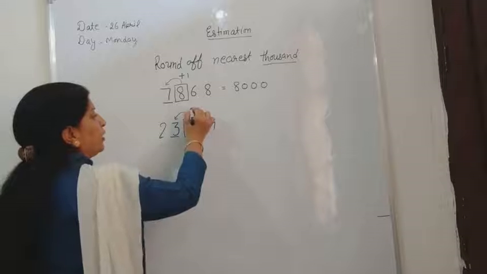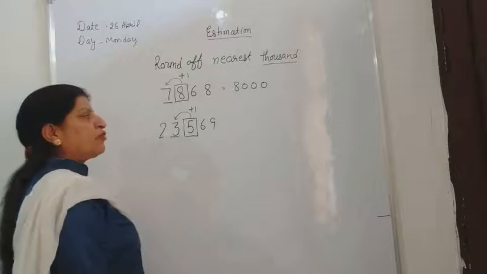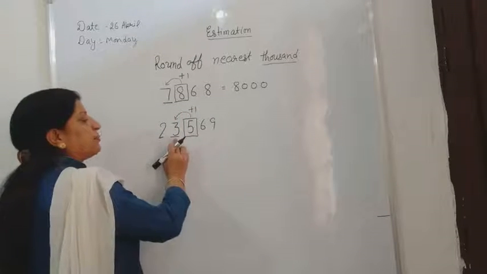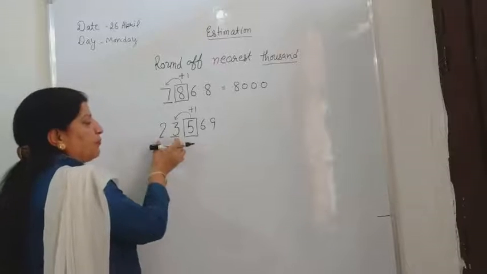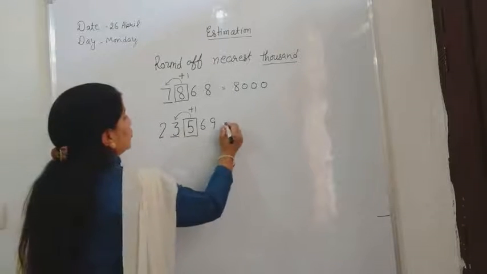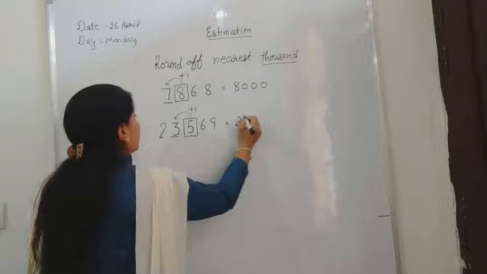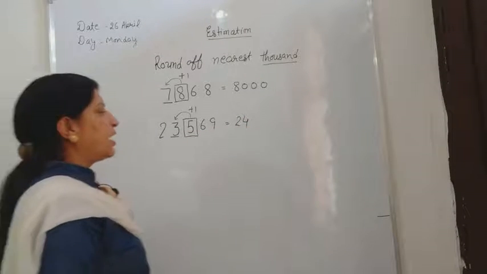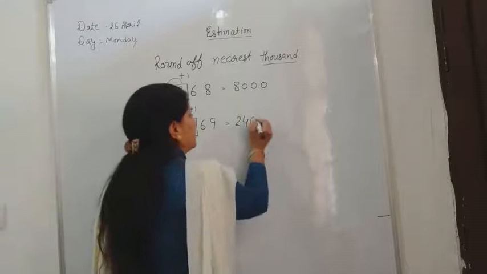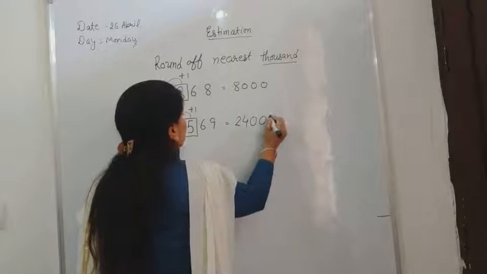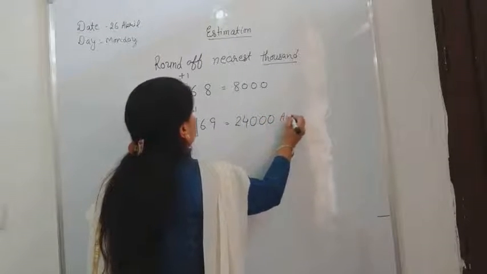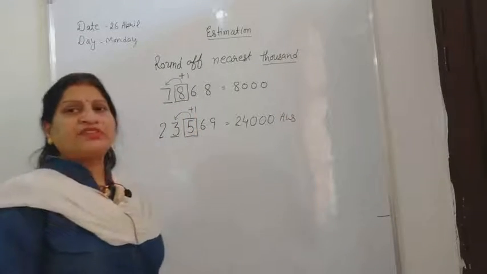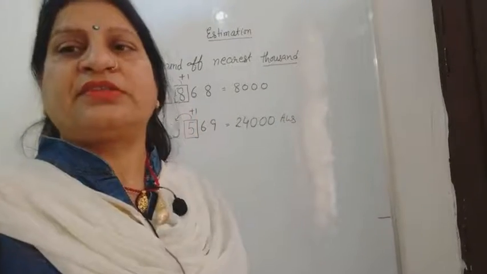So we add 1 to the 3, and it becomes 4. But before this digit, there is 23, so our number becomes 24, and we replace the ones, tens and hundreds place digits with 0. So our answer becomes 24,000. Clear this one? Now we start our exercise.